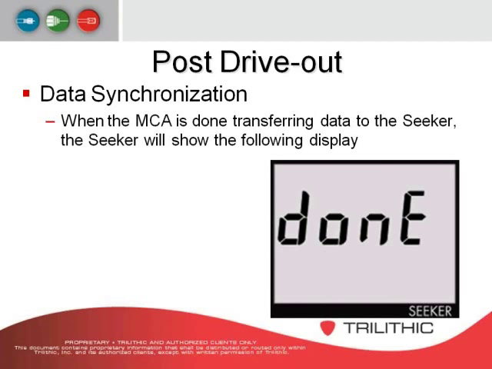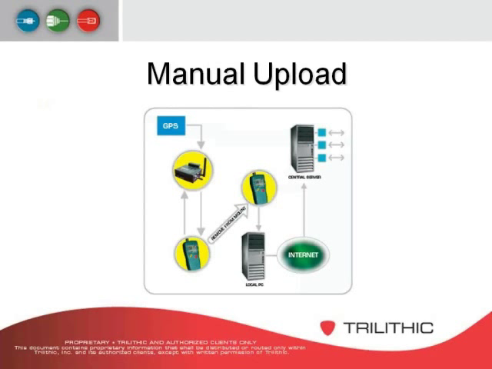When that synchronization is complete, then on the screen it's going to say that it's done. So this is what I was talking about for the manual upload, to where you have your GPS and your MCA. You want to sync your MCA to your seeker. Once you sync the MCA to the seeker, all of your information will be pulled from the MCA, and it's going to reside on your handheld.